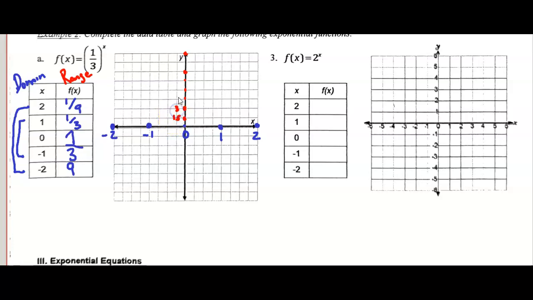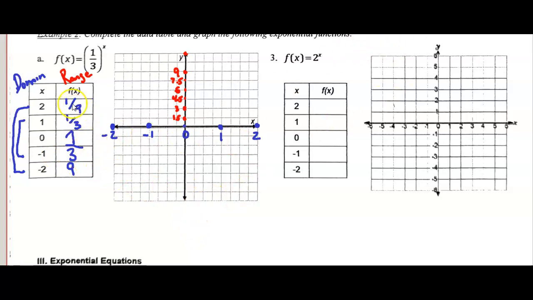This would be 3. And then this would be 4.5, and this would be 6. This would be 7.5, and that would be 9. Right. Like I said, it's up to you, but just don't go off the graph. Right, scale it different ways.